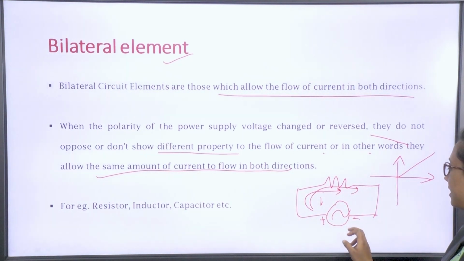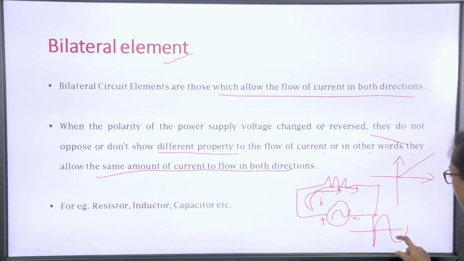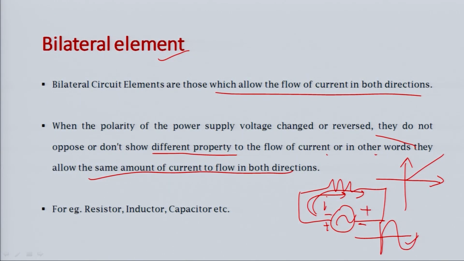If the polarity is changed for the next half cycle, this is negative and this is positive, it will not affect the flow of current, it will just reverse the current. Now the current is going to flow in this direction. It is not going to alter the properties of the flow of current when the voltage is reversed or interchanged.